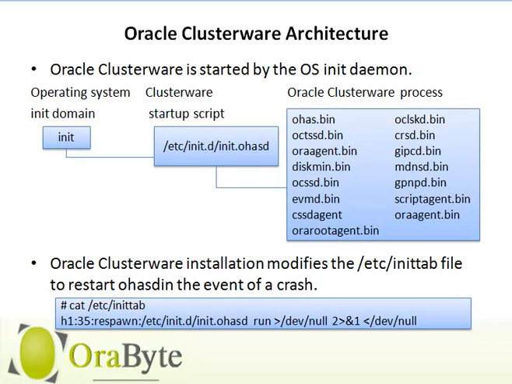Oracle Clusterware architecture. Oracle Clusterware is started by the OS init daemon, and this is the flow which takes place. The operating system init process, under /etc/init.d, there is init.ohasd, the Oracle High Availability Service daemon. Any script under init.d will be run during startup and shutdown depending on at which level they have been configured.